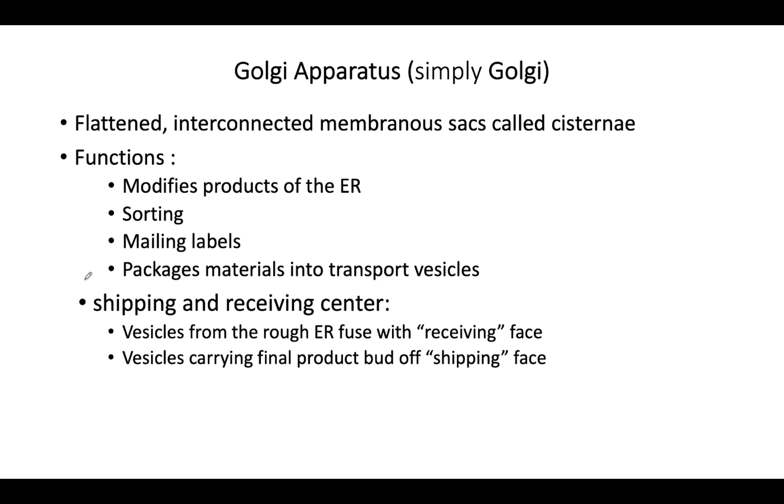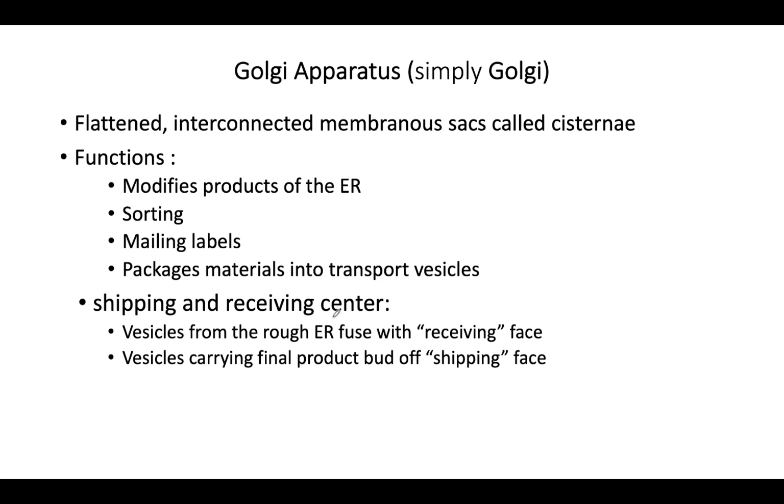Golgi apparatus is like a post office. So many kinds of protein arrive at the Golgi apparatus from ER, then the Golgi apparatus determines, oh, this protein will go to Pasadena, this protein will go to Los Angeles, this protein will go to Whittier. Golgi apparatus sorts proteins for their final destination. To do that, it labels the proteins and packages them into transport vesicles.